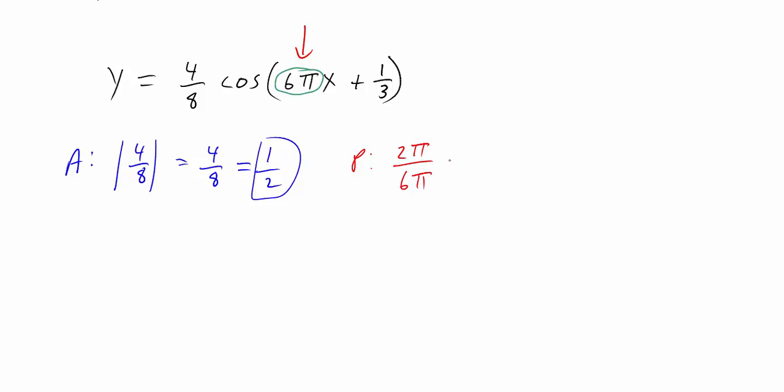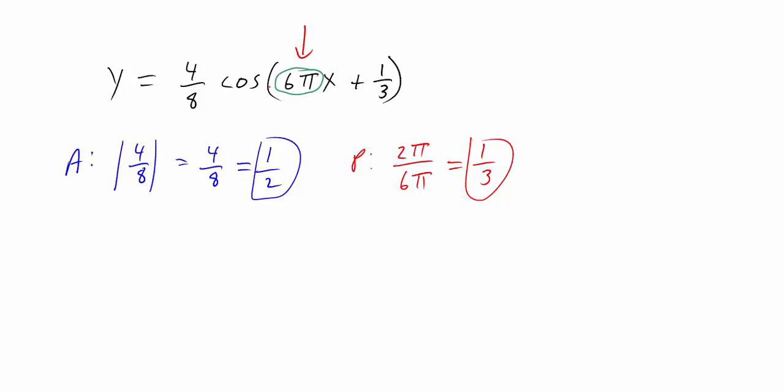So 2 pi over 6 pi, the pi's cancel out, and you're left with 2 over 6, which simplifies to 1/3. So be very careful when calculating the period. You want to make sure that you use the coefficient.